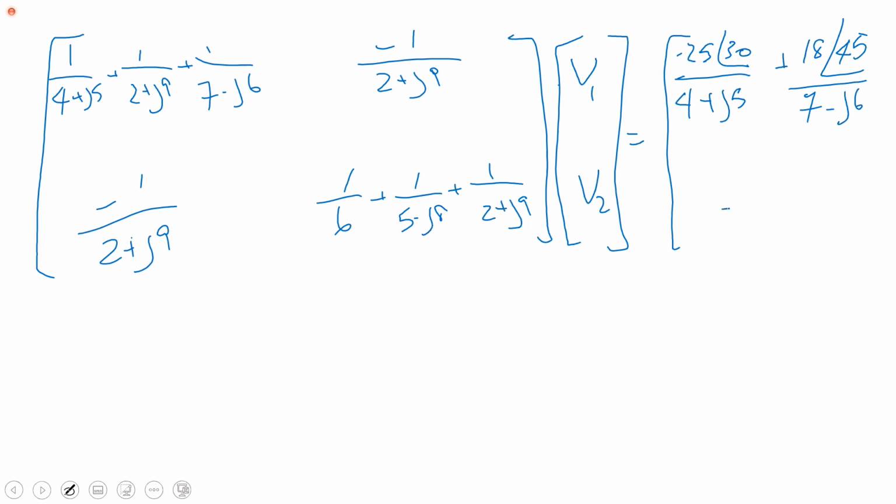And down here we'll have minus 20 at 60 over 6. All right. And you solve that for V1 and V2.